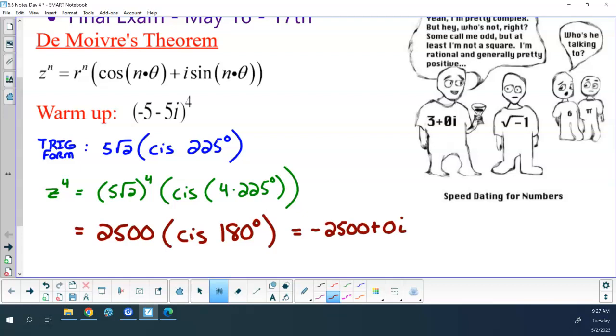Or we would also accept there that, negative 2500. Or if we wanted to put it in ordered pair form, so you have to be ready on said test on May 11 to put them in one of the three forms.